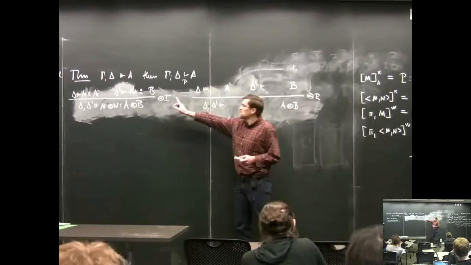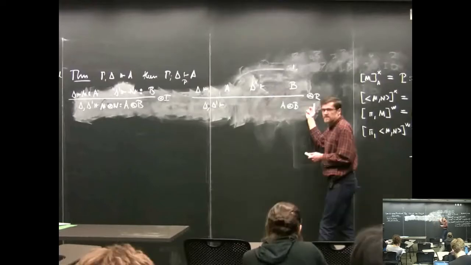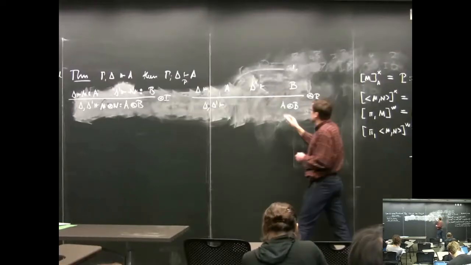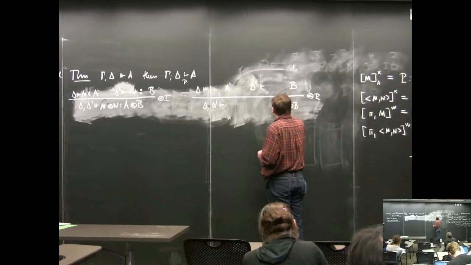The introduction rule always gets modeled by the corresponding right rule in the translation. We have to label the output, so let's call it X.